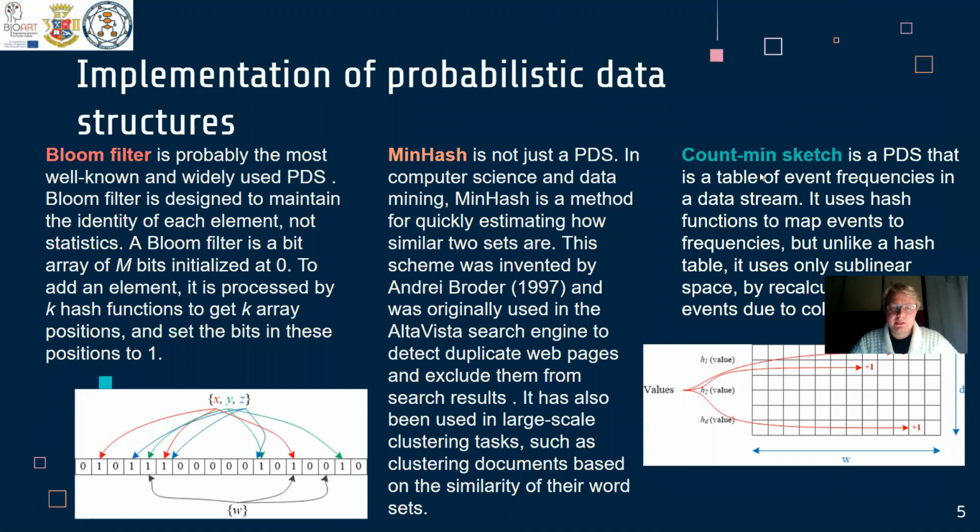On this slide, you can see the main probabilistic data structures which we will use during the work. These are the Bloom filter, MinHash, and Count-Min Sketch. These are well-known data structures with a very large background, which can be really interesting and useful in our work.